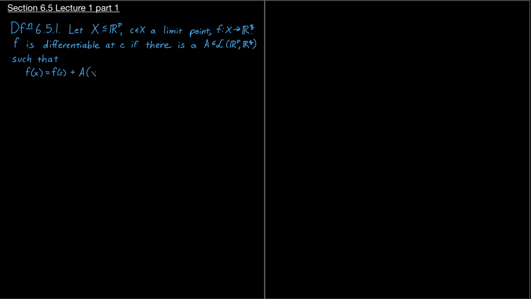Your book likes to use A for linear functions from R^p to R^q, evaluated at x minus c, and then you can add to that the norm of x minus c times f of x. And this needs to be true for all x in X, where our function capital F has the same domain and range as little f.